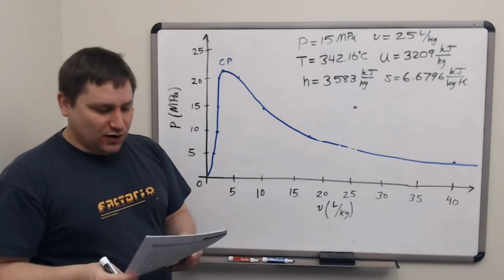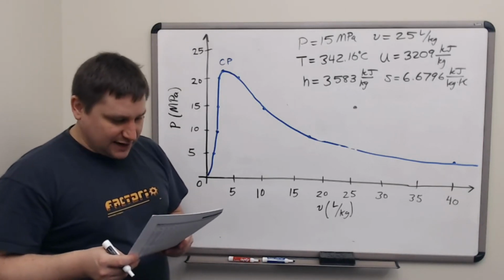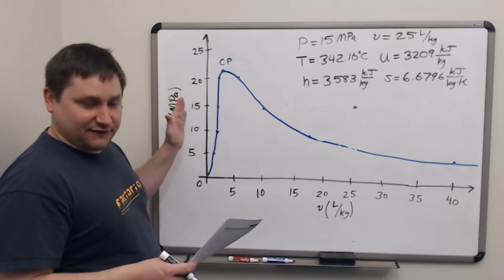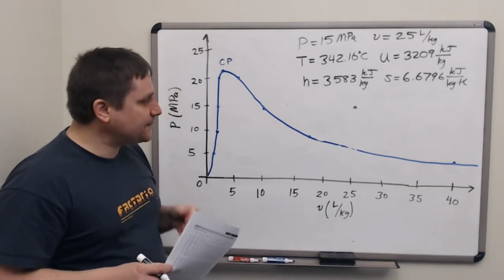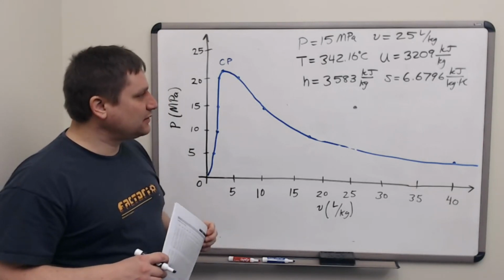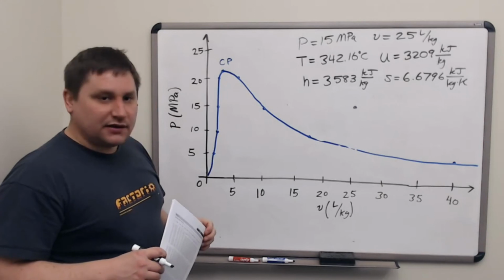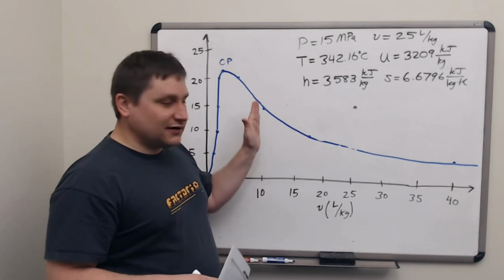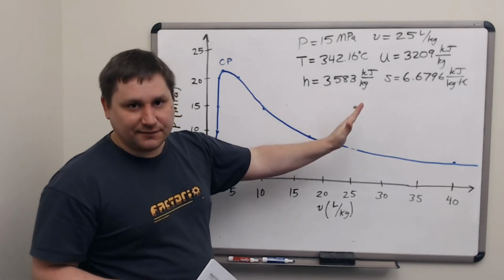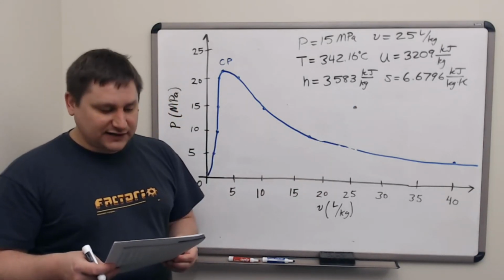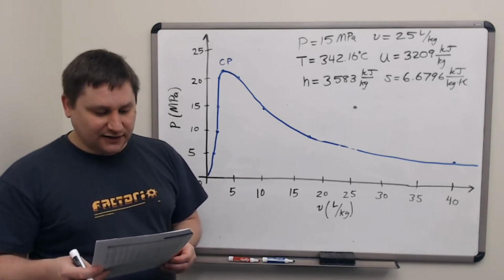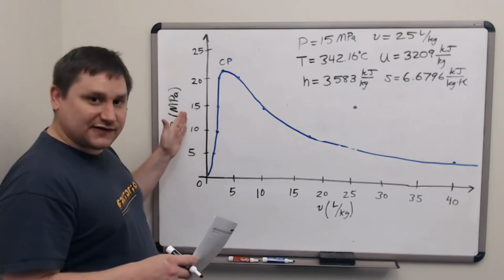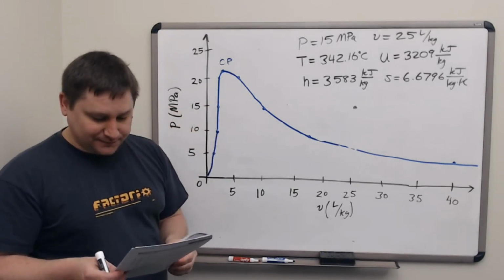The last table for water is labeled compressed liquid water, table A7. This table lists the properties of water to the left side of the phase transition envelope.